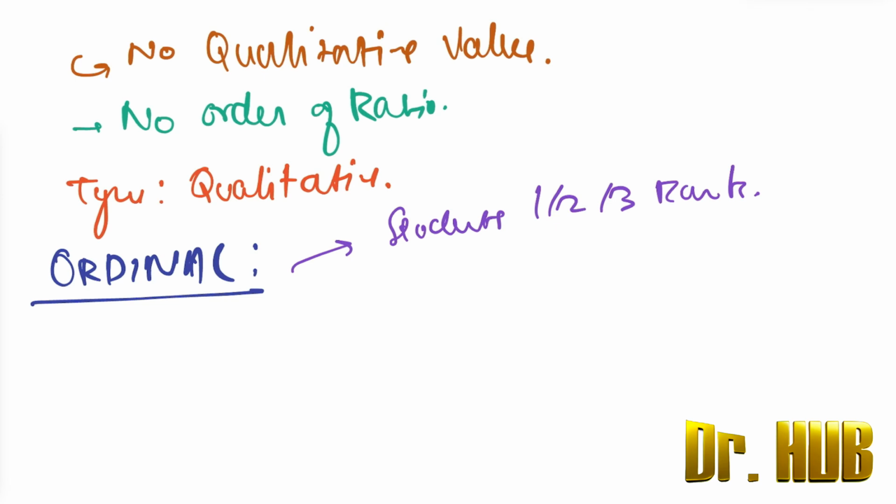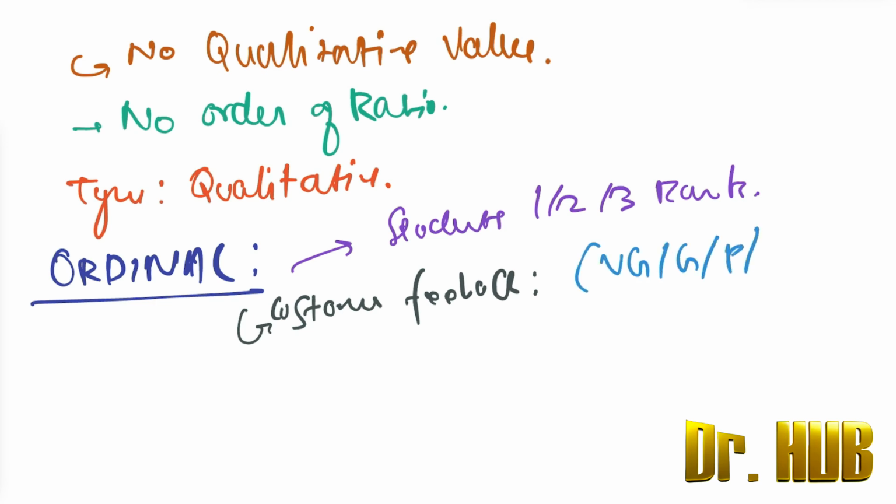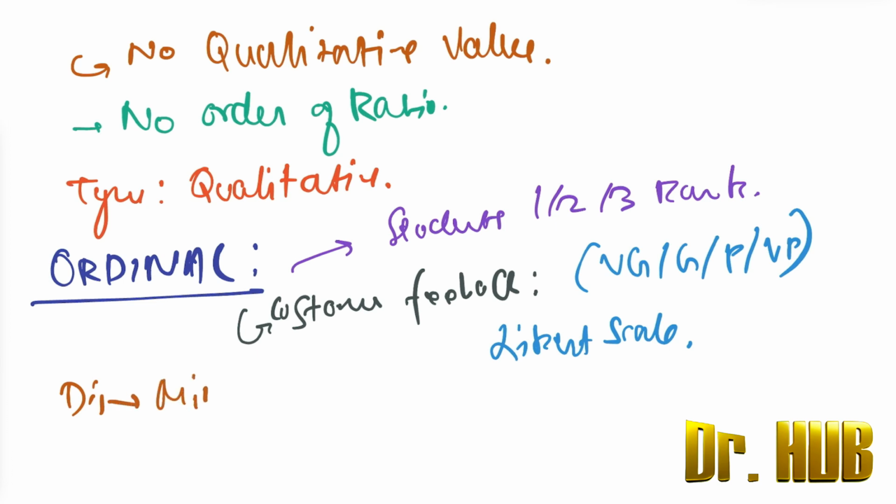Also a customer feedback survey using very good, good, poor, and very poor, which is the Likert scale. The severity of a disease can be mild, moderate, or severe as well.